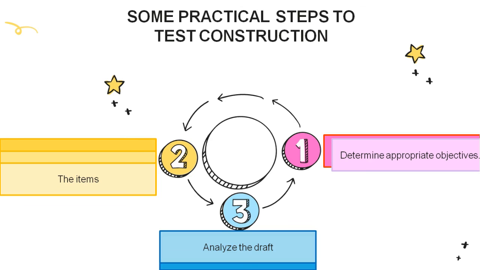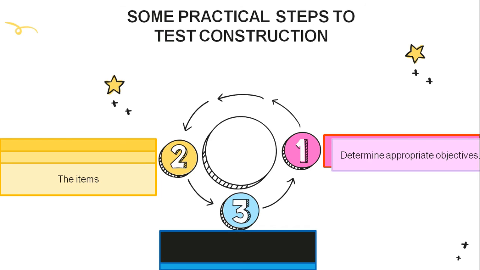The first question is, are the directions to each section absolutely clear? Next, is there an example item for each section? Does each item measure a specified objective? Is each item stated in clear, simple language?